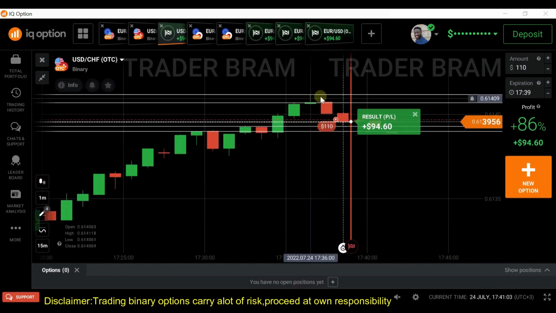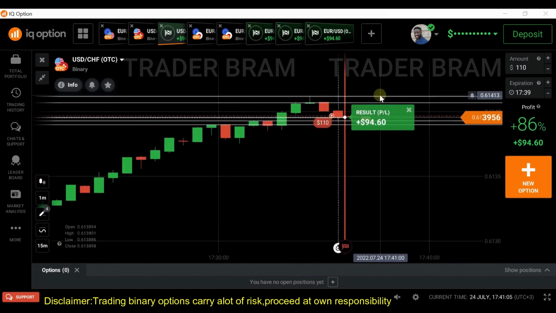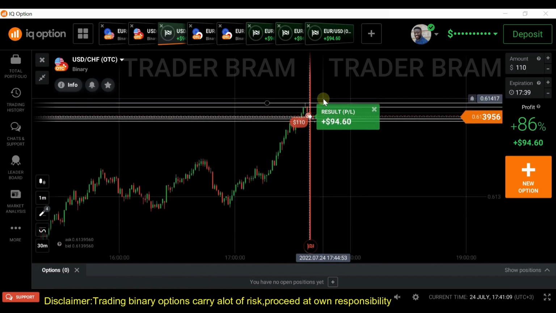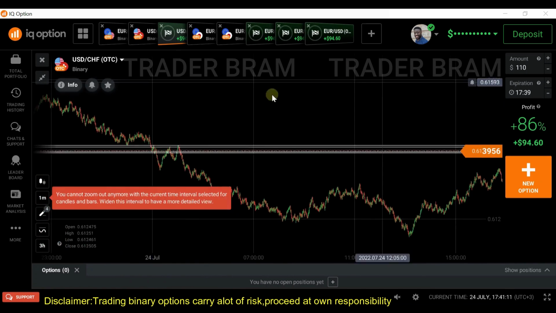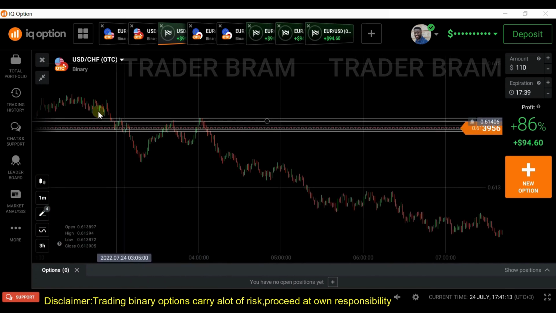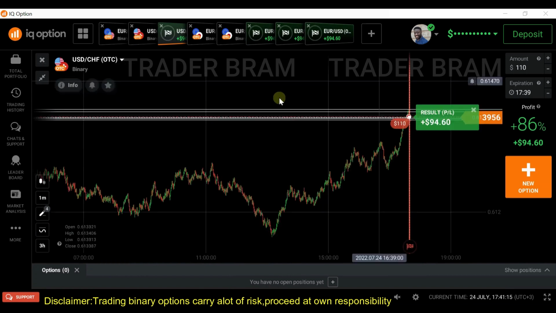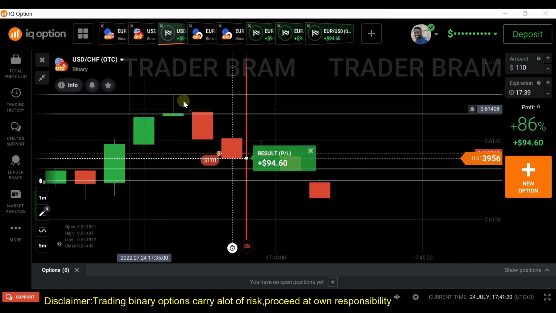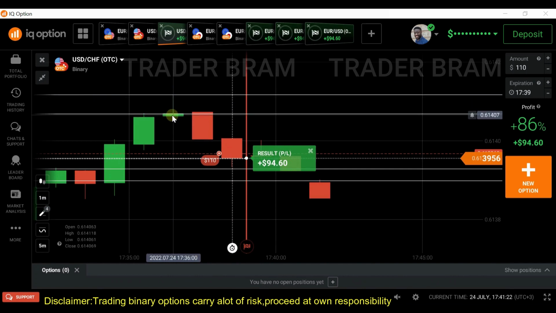On this other trade, I did a put option because we approached our resistance area. As I've told you, it's a good resistance level because of the several market reactions on the area. After approaching the area, we got a very weak bearish candle closing below the level.